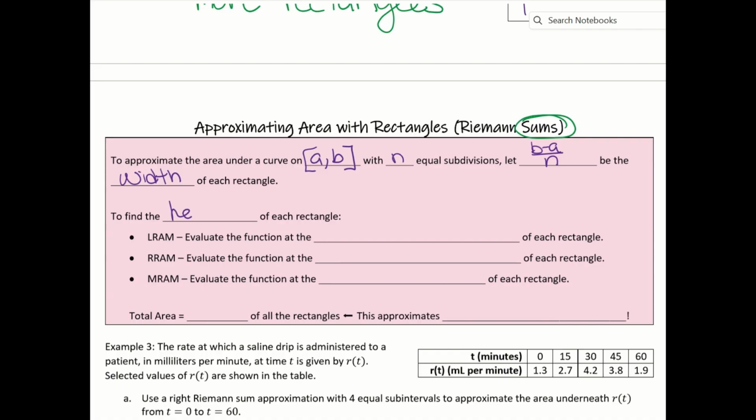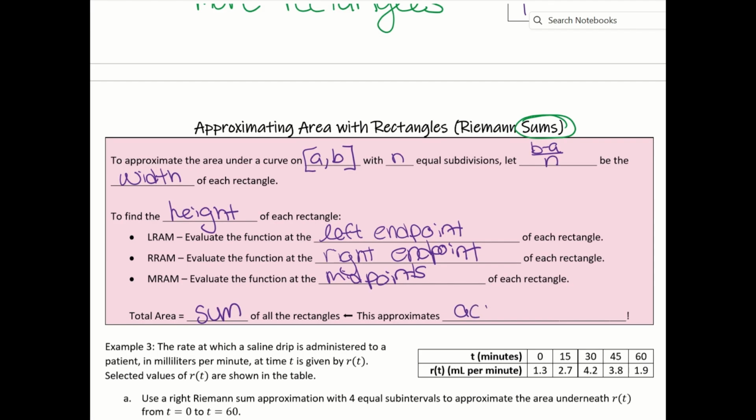Then to find the height of each rectangle, you might do what's called an LRAM, which means we evaluate the function at the left endpoint of each rectangle. We might do an RRAM, so right endpoint, or we might even use the midpoints. And then the total area under the curve is going to be the sum of all the rectangles, and that approximates the accumulation.